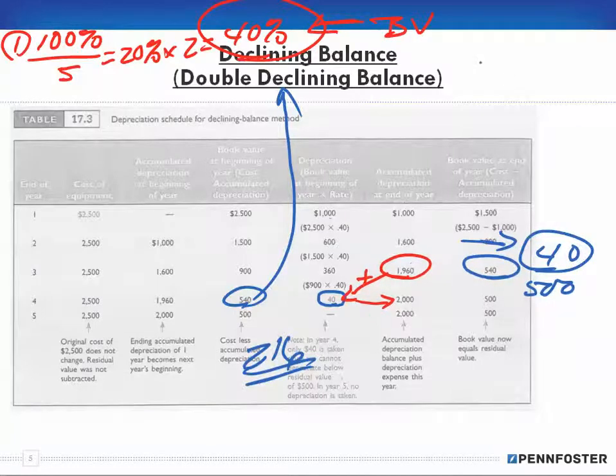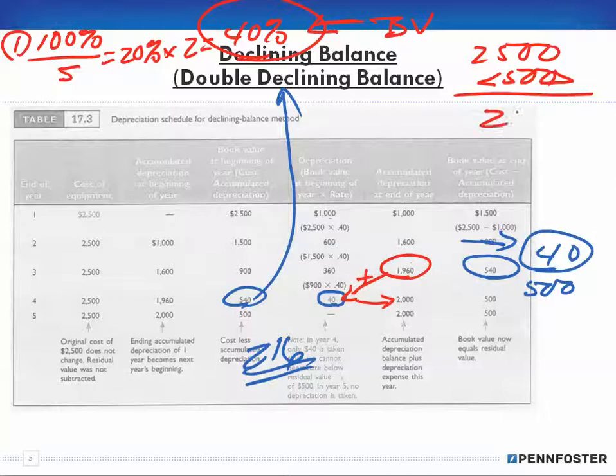Well, remember, we can only depreciate up to the 2000. We had a purchase price of 2500 less the salvage value of 500, so I can only depreciate up to the 2000, which is exactly where I'm at, right?